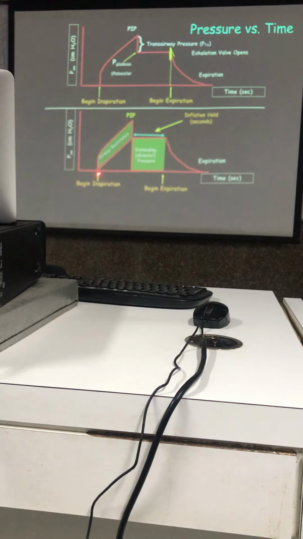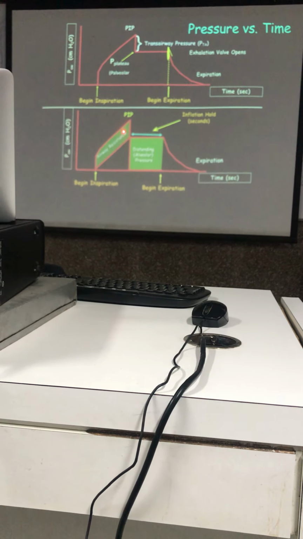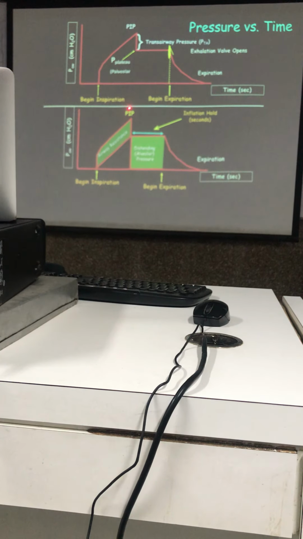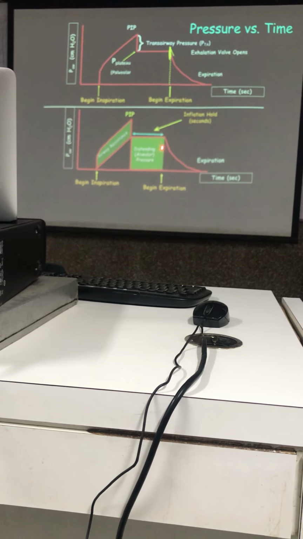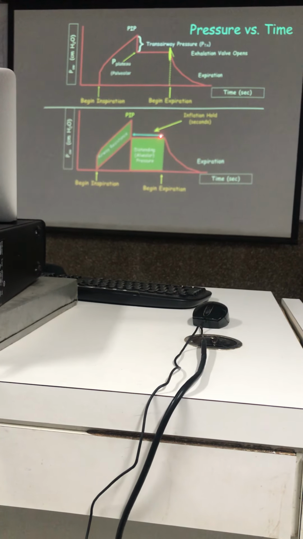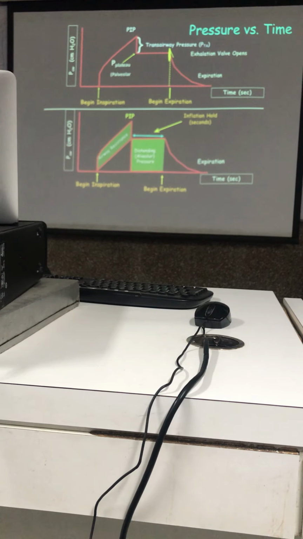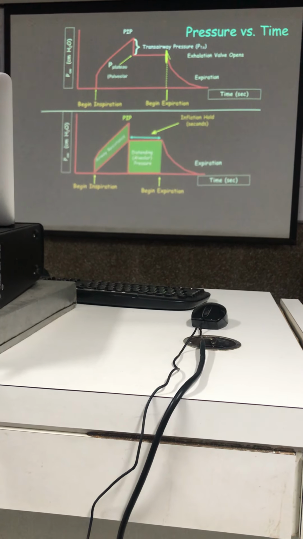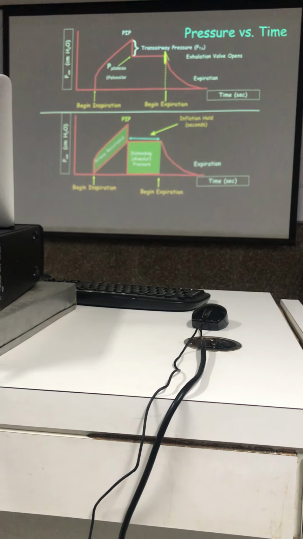Based on your airway pressure, your peak inspiratory pressure will keep rising. And based on your compliance of the lung, your distending alveolar pressure tends to go up, your plateau pressure will go up. So this graphic tells you which pressures are increased in which medical conditions.